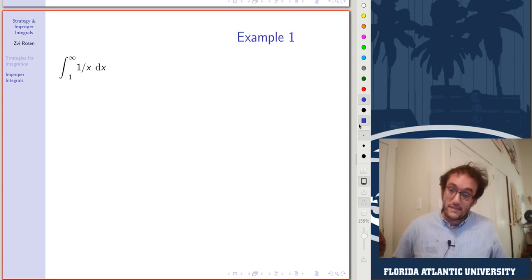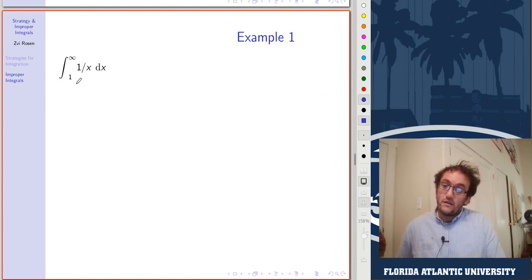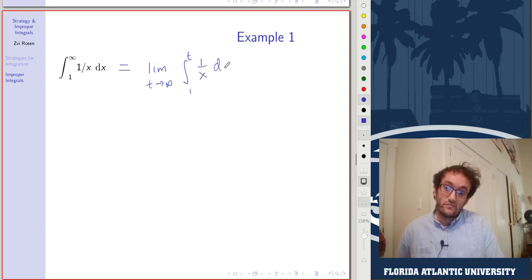Okay, let's look at one example. We already saw this integral as one of the first examples. When we're trying to compute this as an improper integral, we want to first express it as the limit as t goes to infinity of the integral from 1 to t of 1 over x dx.